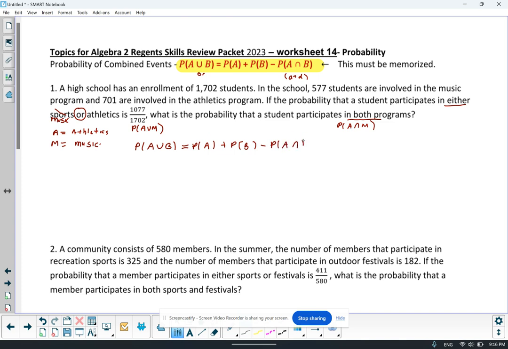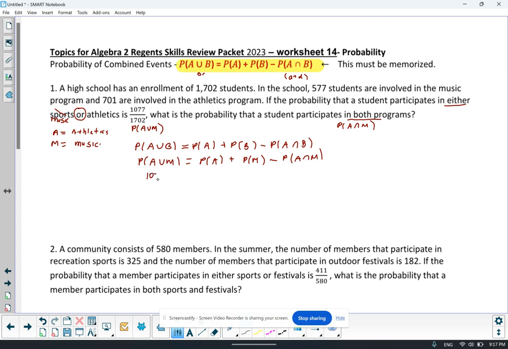And then I'm going to use my specific letters. So athletics or music is equal to the probability you participate in athletics plus the probability that you participate in music minus the probability that you participate in both music and athletics. This again is called the joint probability.